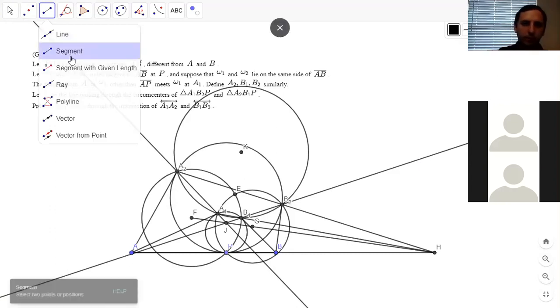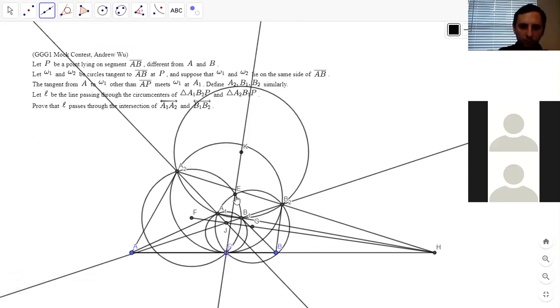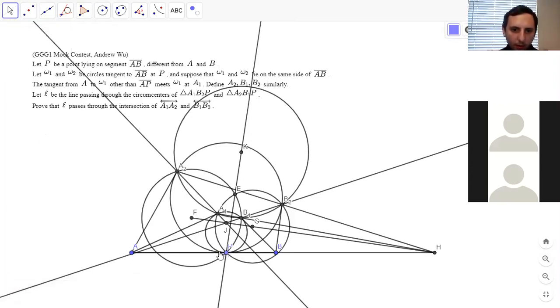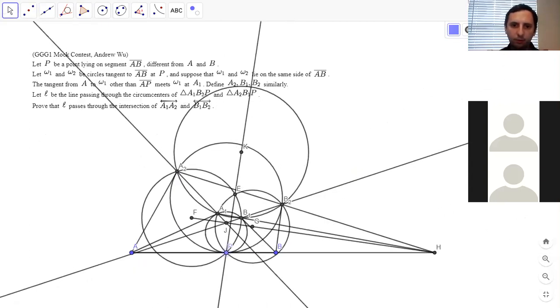I wonder if PE and K are collinear also. Yeah, it looks like it. Interesting, so PE and K are also collinear.